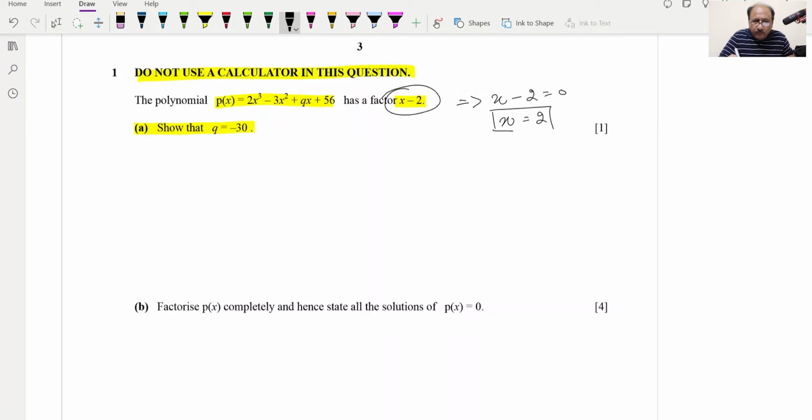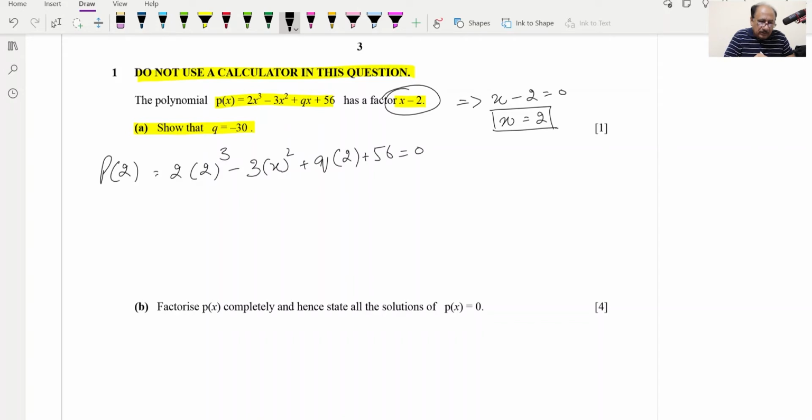This value we will replace in p of x, so we will find p of 2, and this will be 2 into 2 cubed minus 3x squared plus q into 2 plus 56, and we will set it equal to 0 by the factor theorem.